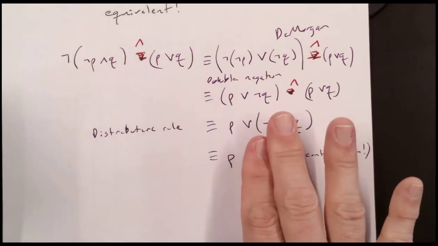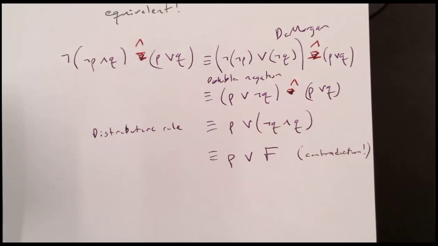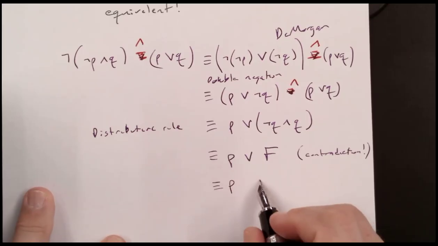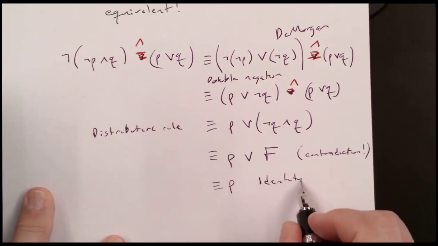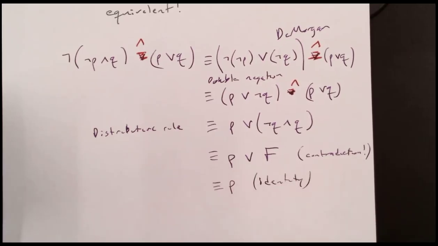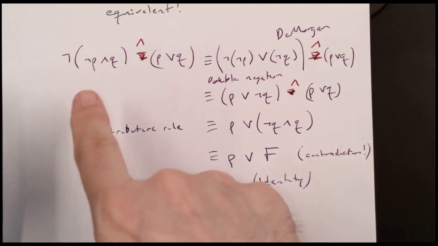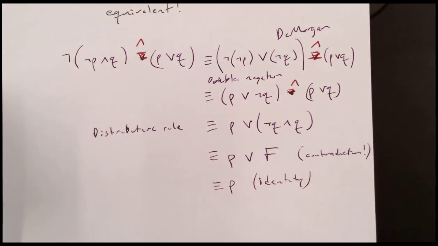So really, I only care about whether or not P is true or false. In other words, the identity law makes this just a P. In other words, this crazy looking combination of things can be reduced to one switch. Is P on or off? All I need to know.